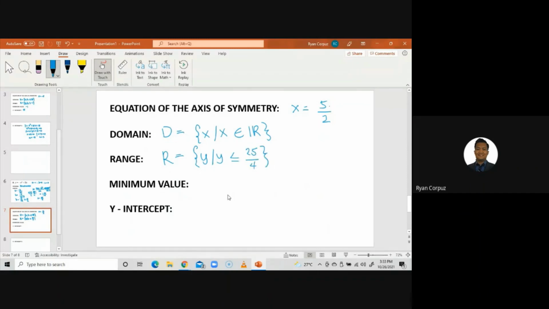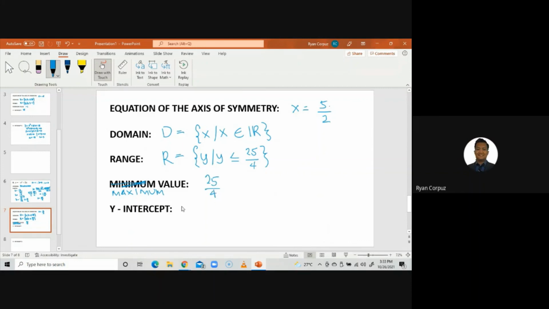Okay. Next, maximum value dapat to. It should be the maximum value. So, palitan natin. Dapat ito ay maximum value. Bakit maximum value? It's because the graph opens downward. Ang meron siya ay maximum value. Anong maximum value niya? Value of K. That is 25 over 4 po.